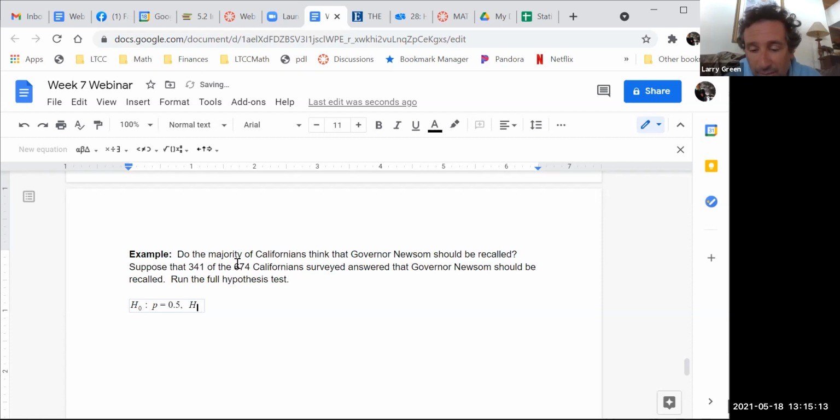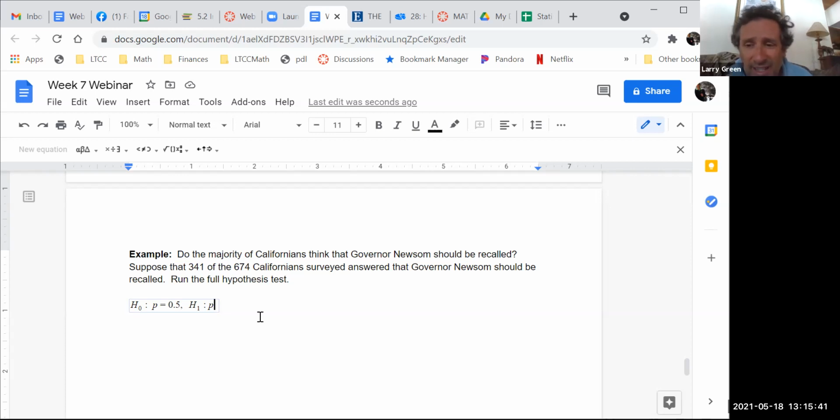Then we're going to do H1. And that's going to have a P. What inequality? Is it going to be less than, greater than, or not equal to? The hint is the word majority.